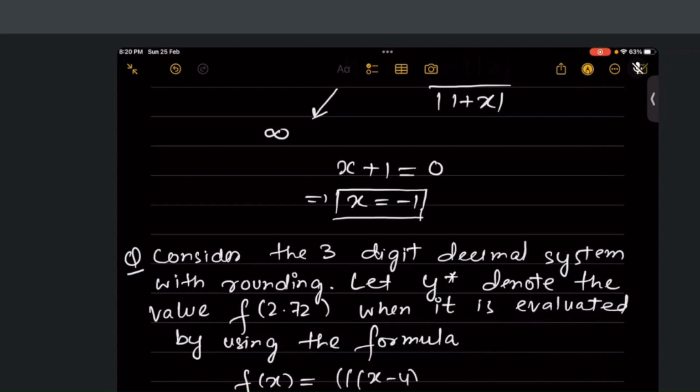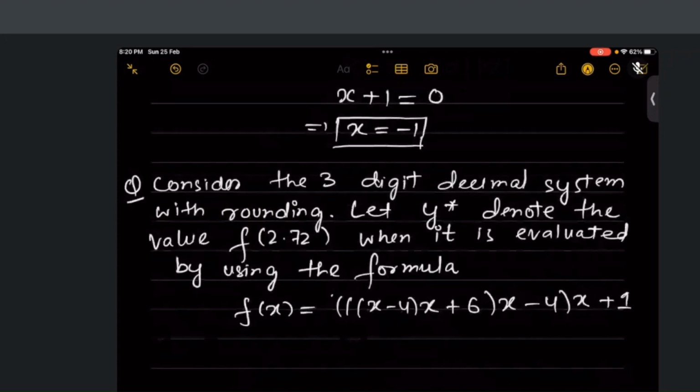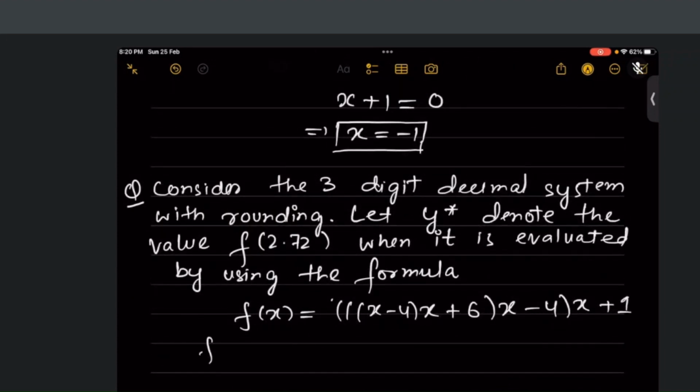x minus 4 into x plus 6 into x minus 4, for y equal to f of x equal to x minus 1 to the power 4.